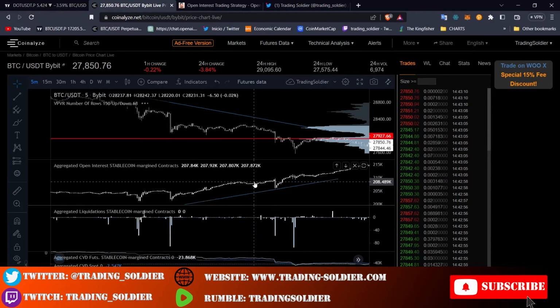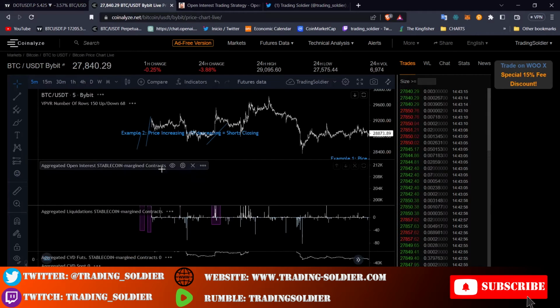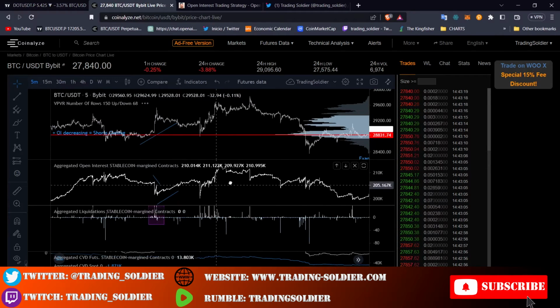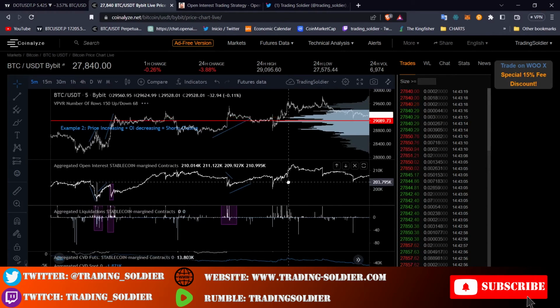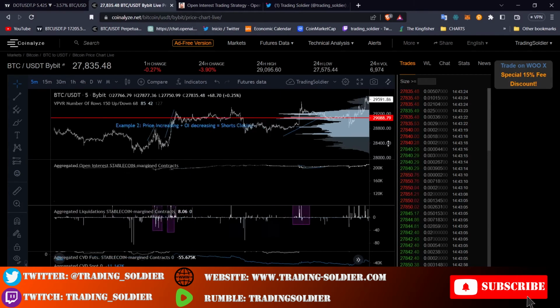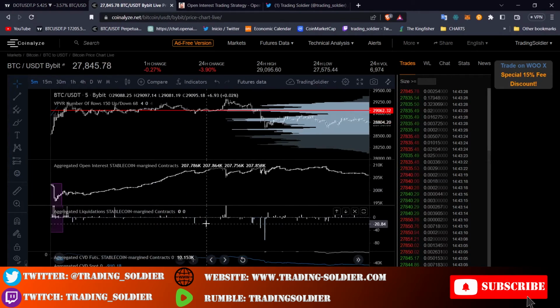Okay, so let's search for example number 2. Okay, here. As I said before, when the price goes up, suddenly short liquidations appear on the liquidation chart.